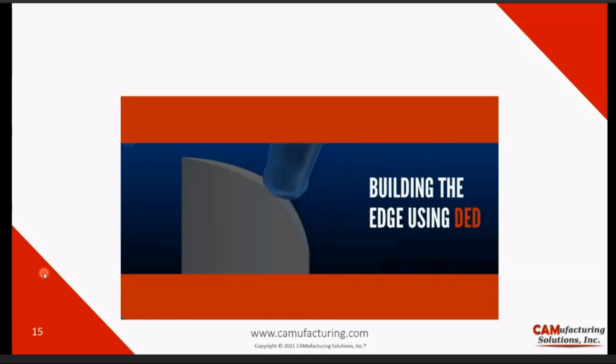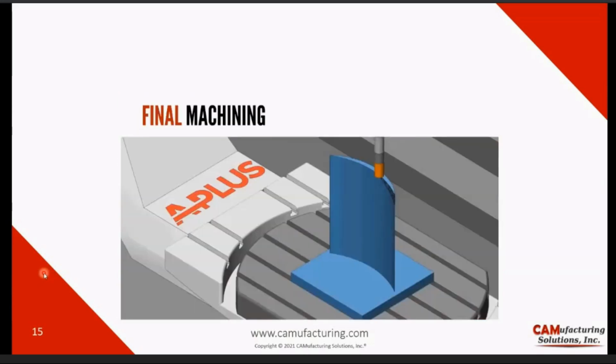Then you can just use A+ to program a toolpath and complete that broken edge by depositing material. And again, as I mentioned, you will use extra stock, and then you can simulate that extra stock, which is compatible with Mastercam and can be used as a stock model for the final machining, as you can see. While you do the final machining, you will have the part fixed with just 3 steps using A+ and DED.